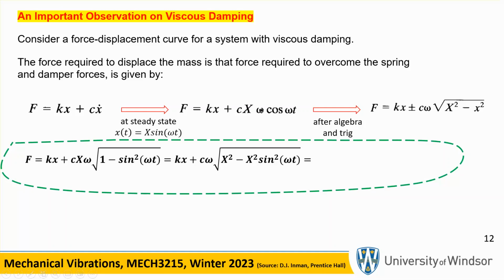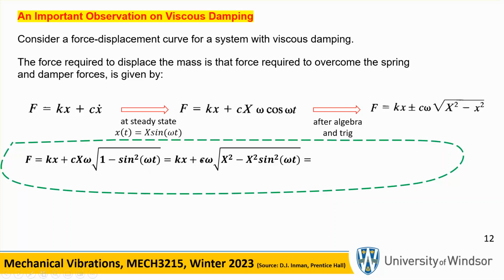Now notice what I've done here. I've written kx back, cx omega back, and cosine from trigonometry is the square root of 1 minus sine squared omega t.